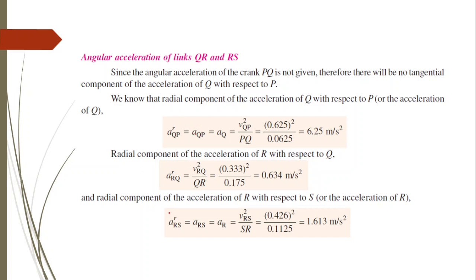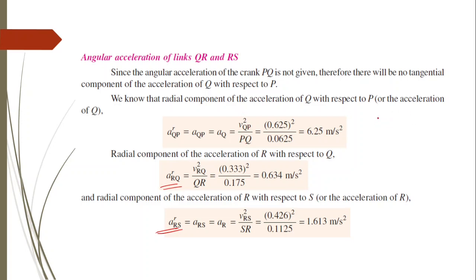Similarly, we can calculate the radial acceleration of RS. Again, we can calculate the radial component of acceleration of RQ. These three links, QP, RQ and RS, we can calculate the radial components of accelerations. We have this equation: radial acceleration of QP is equal to VQP square divided by PQ.